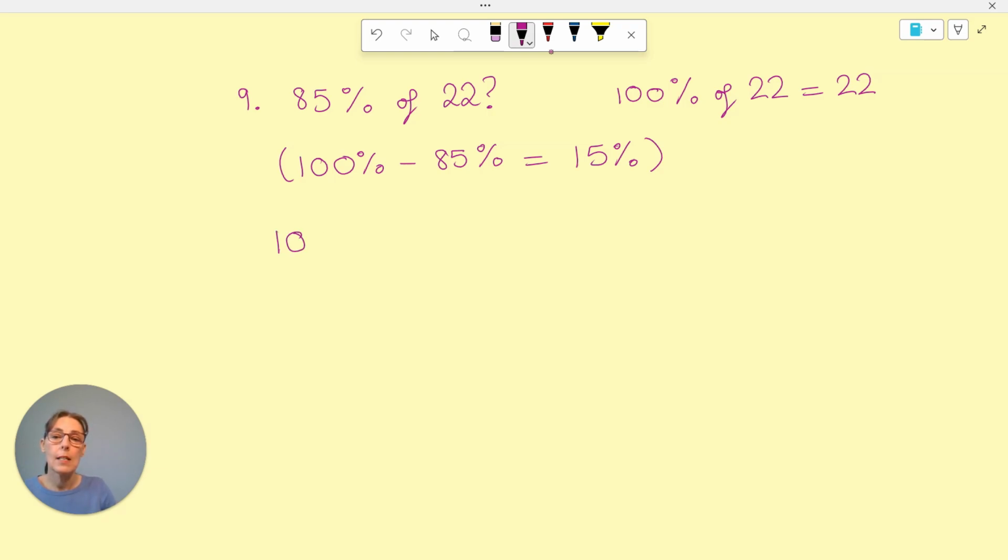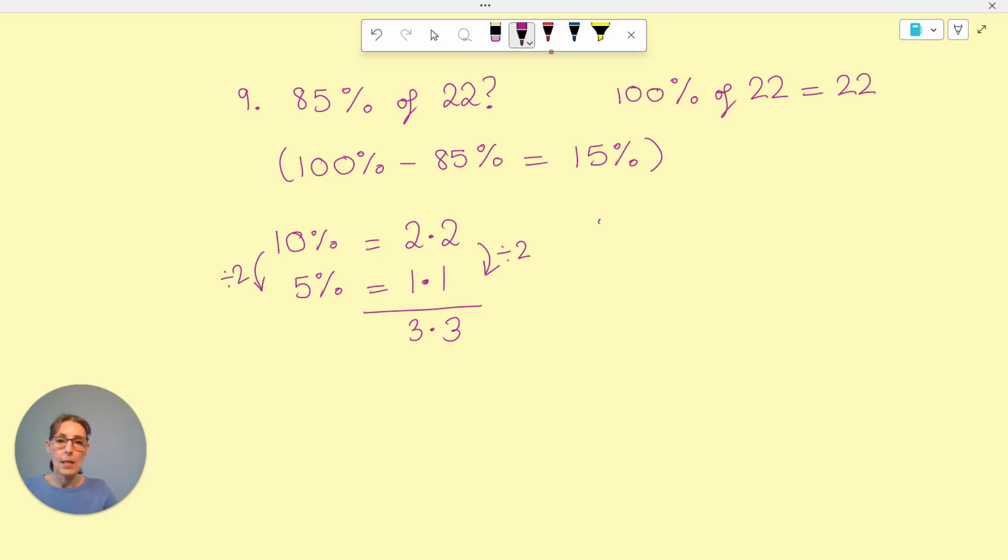So I need to find 10% and I need to find 5%. 10% of 22, I divide by 10 is 2.2. And then we need to half to find 5%. Half of 2.2 is 1.1. So 15% is 2.2 plus 1.1, which is 3.3.